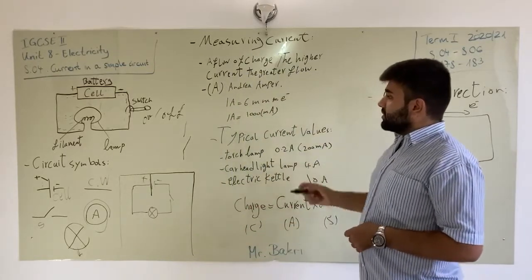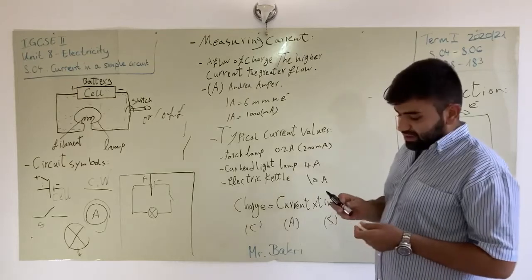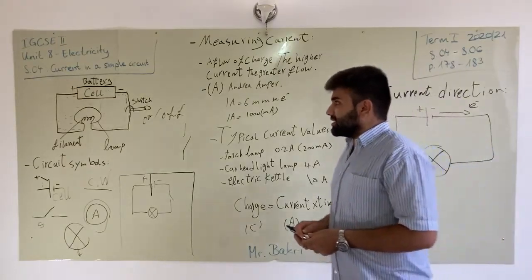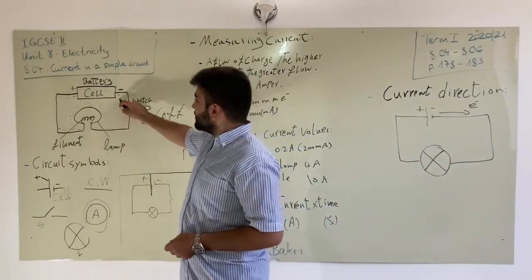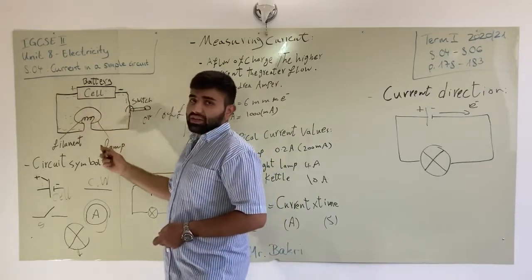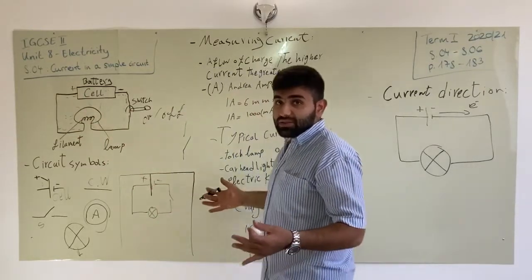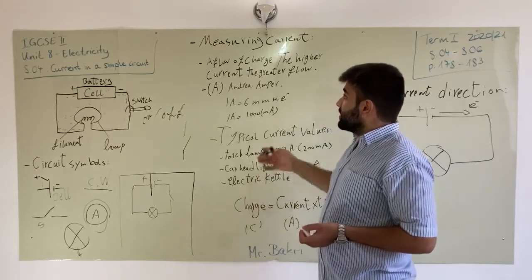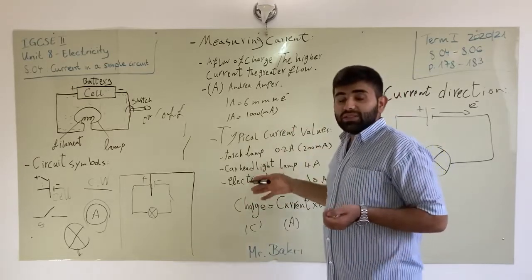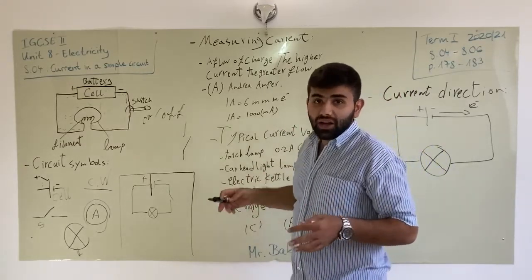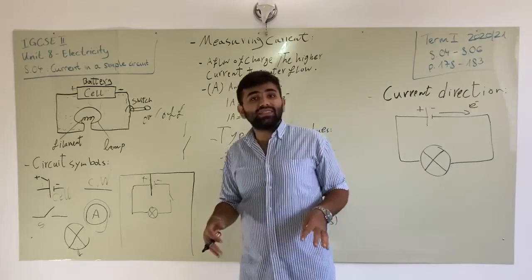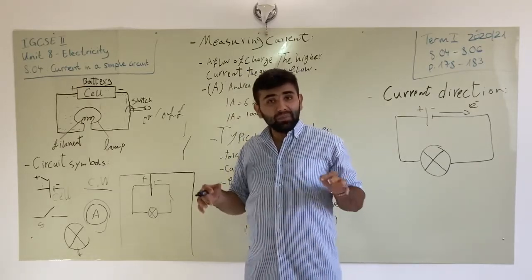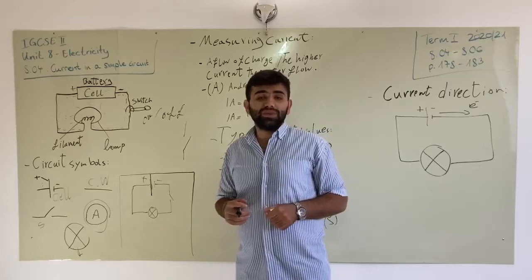Now we move on to measuring current. This current is flowing here, right? So how can I measure it? The current is a flow of charge, about 6 million electrons per second.